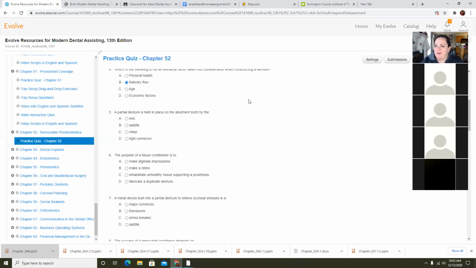Maybe we should do this chapter. Does no one know anything about dentures? It's fair if you don't. It's either rest or clasp. It's going to be a clasp. The rest is going to be what stops it from seating all the way. If you guys don't know about dentures, I'll do the chapter.